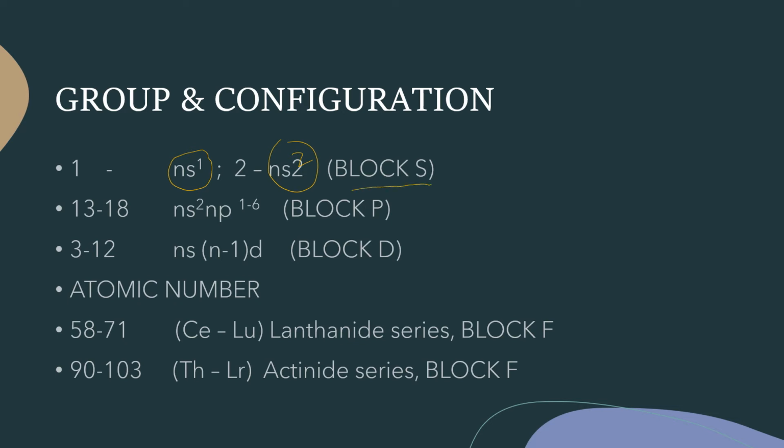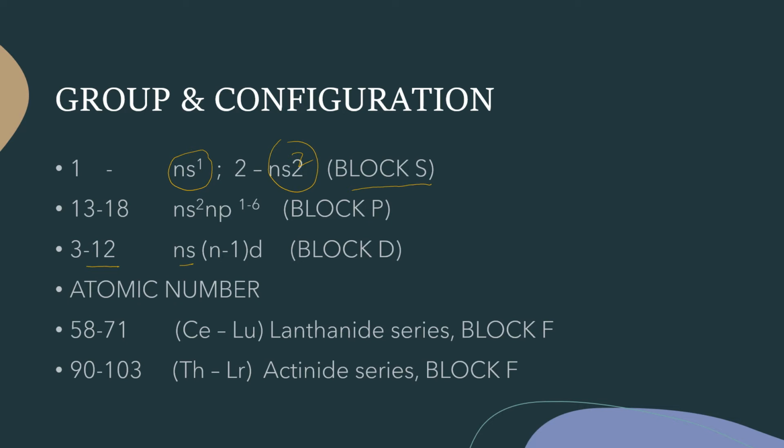And for group 13 until 18, the electronic configuration ended up with ns2 and np1 until 6, that we name as block P elements. Group 3 until 12, the electronic configuration ended up with ns and then (n-1)d, or block D elements.